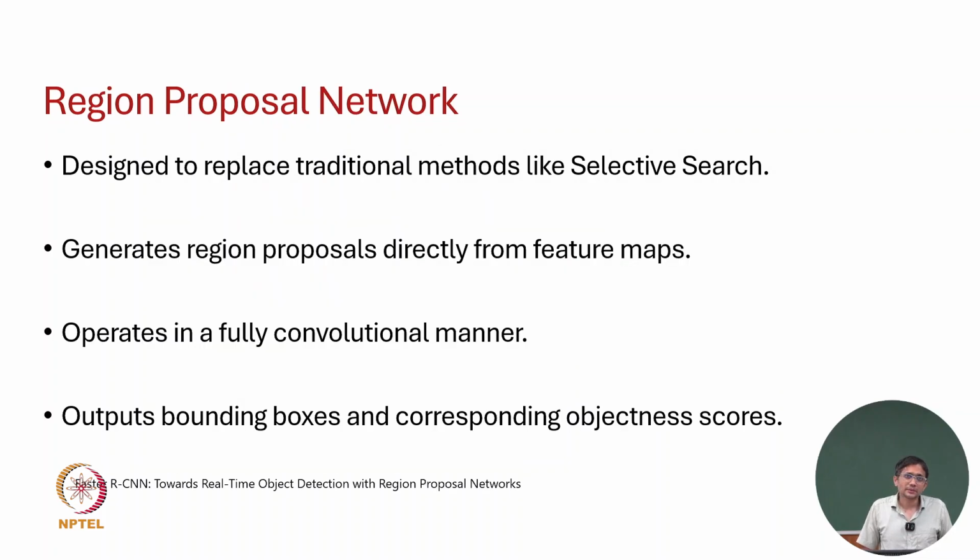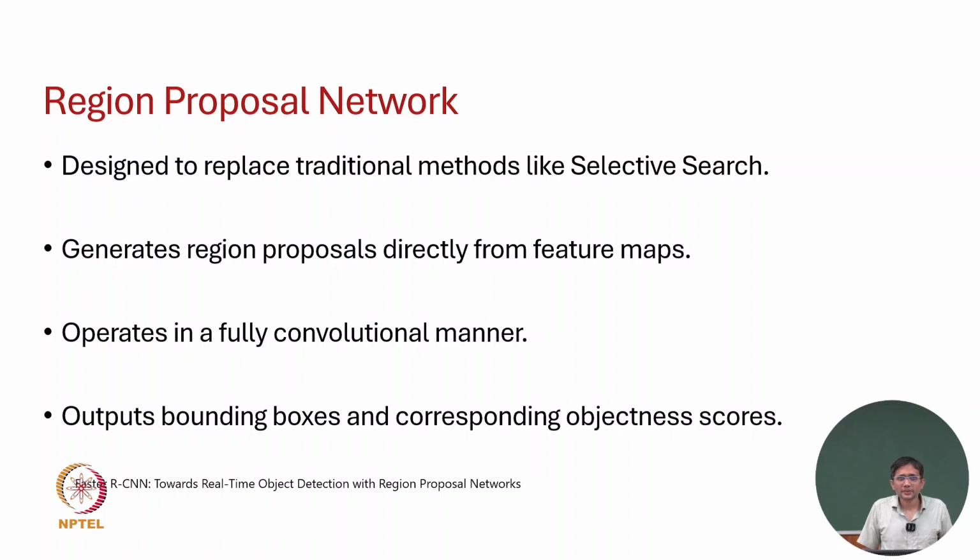The region proposal network is designed to replace traditional methods like selective search. It generates region proposals directly from the feature maps. It operates in a fully convolutional manner.